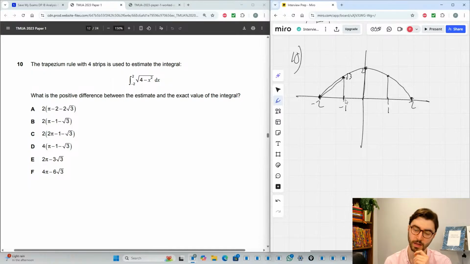Okay, so this half base, I see what's happening. So half base is 1 times height is root 3 over 2 for that triangle plus the average of the parallel sides. So half of root 3 plus 2 times the height of 1 plus the average of the parallel sides.